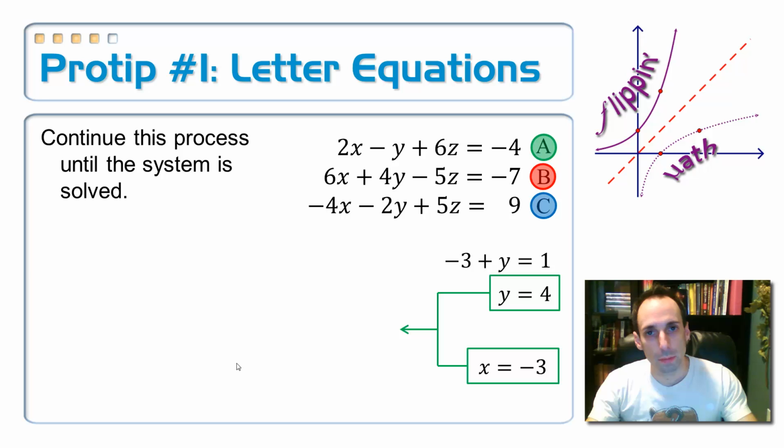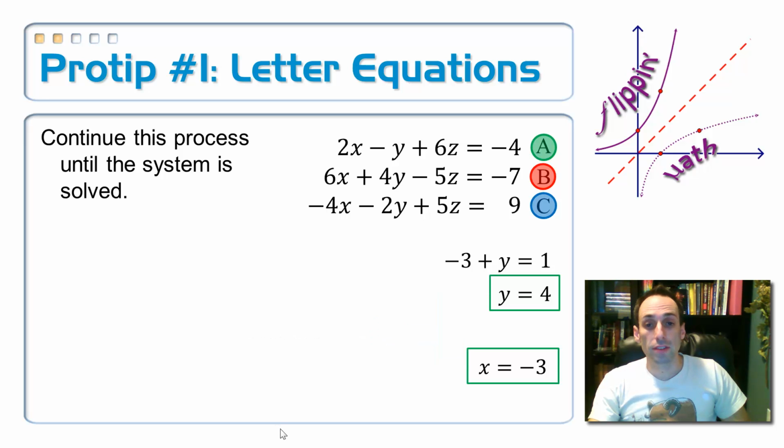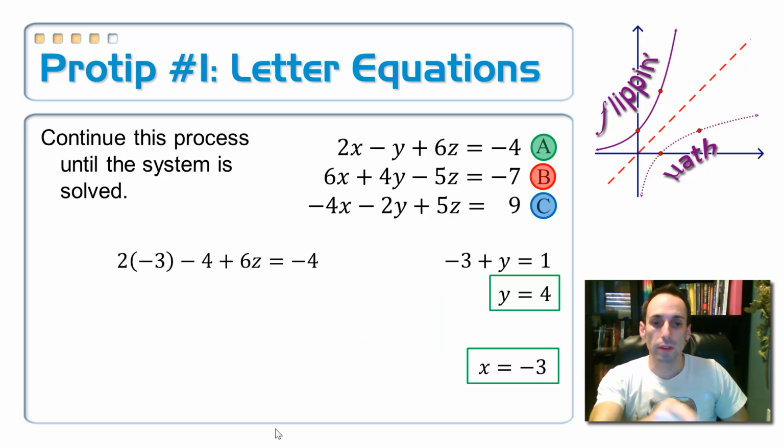Now we have 2 variables. We're going to substitute them into one of the 3 original equations. Why not A? The coefficients look like they might be a little bit smaller. So we plug those 2 in for x and y. We get 2 times negative 3, the x value, minus 4, the y value, plus 6z is equal to negative 4.